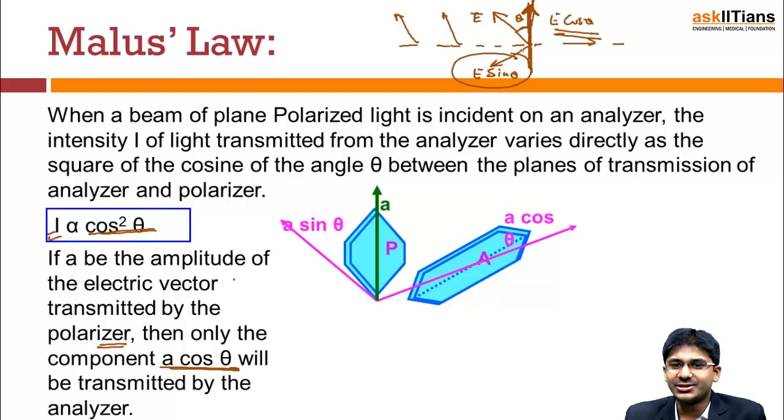So the portion of E that crosses through is only E cos theta, where theta is the angle between these two. Intensity is the square of amplitude, and the amplitude is E cos theta. So the intensity is proportional to E square cos square theta.